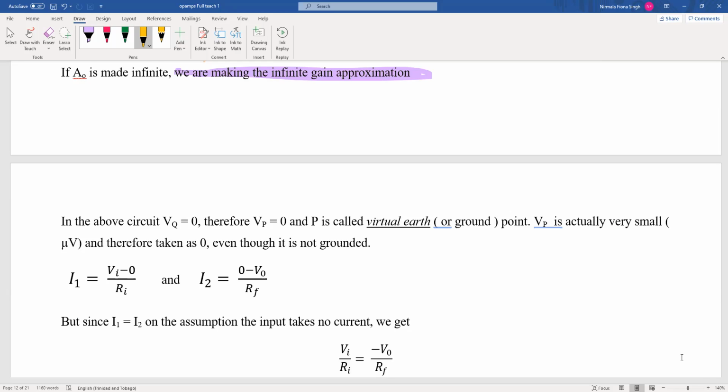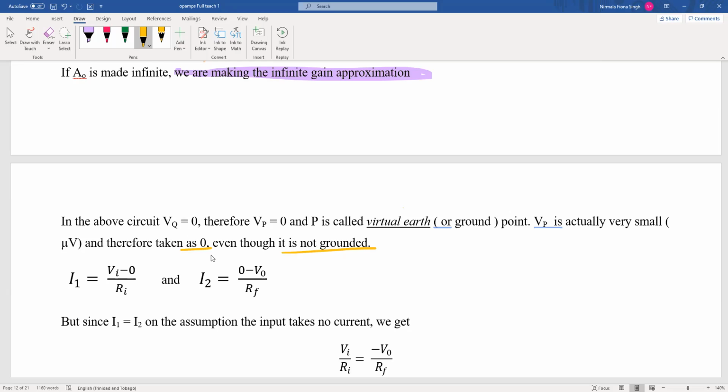But it's therefore taken as zero, because if anybody here has a microdollar, they have no money, right? Unless it's Zimbabwean dollars. But that's the next story for next day. Or Venezuelan bolivars. All right, so it's taken as zero, even though it is not grounded.